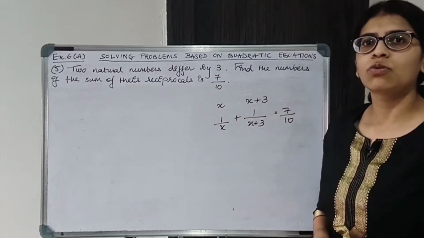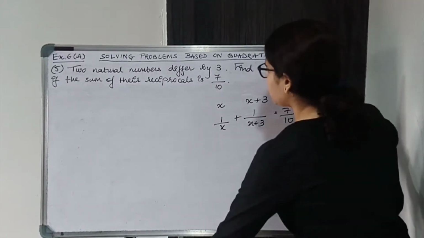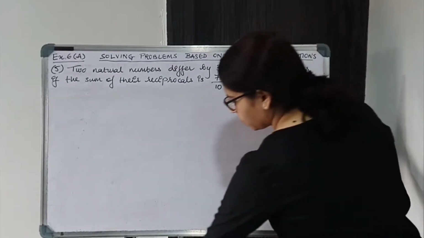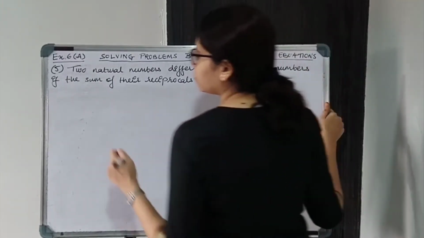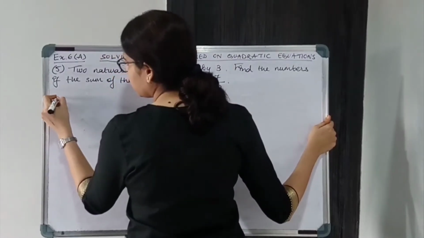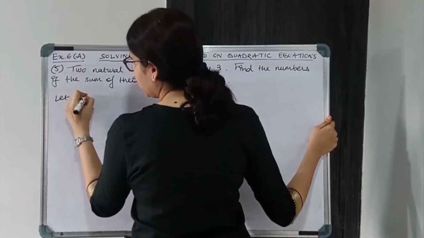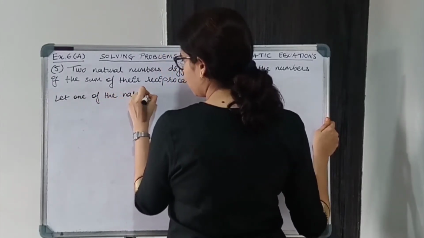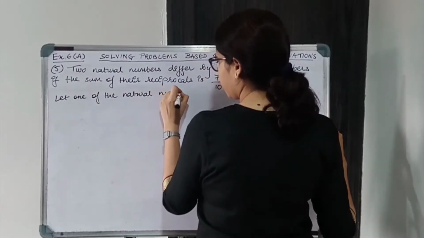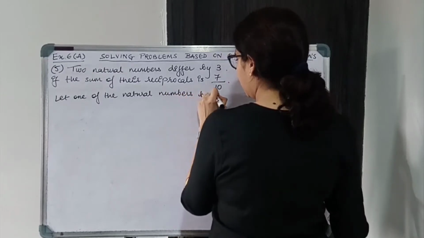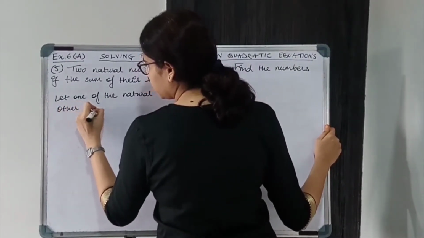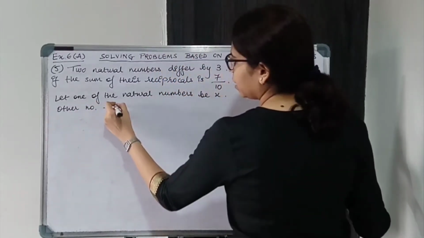Okay, so let us write down proper statements and start solving. So let one of the natural numbers be x. Other number will be what? X plus 3.